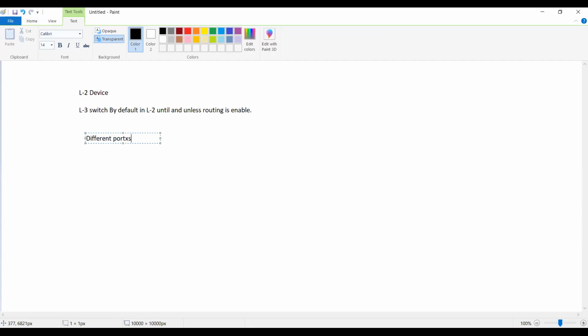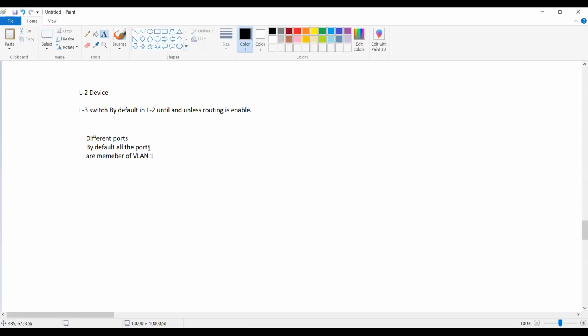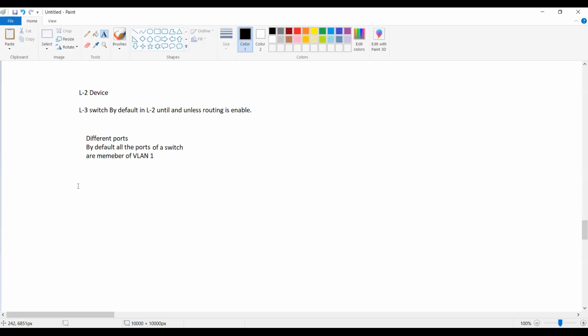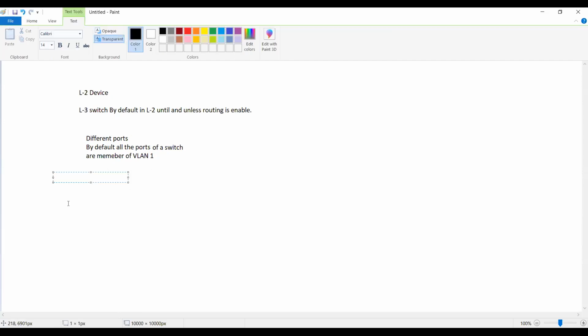By default, all the ports are members of VLAN 1. What is this VLAN? VLAN stands for virtual LAN.